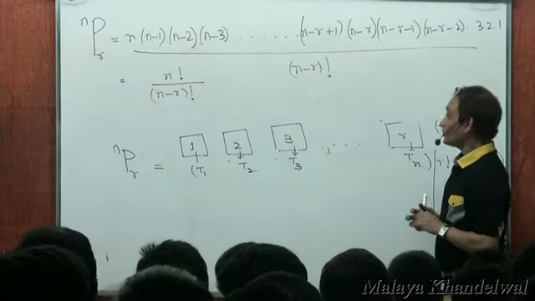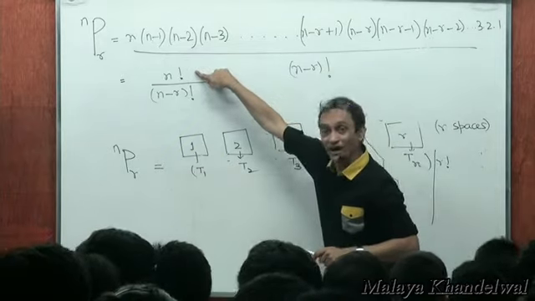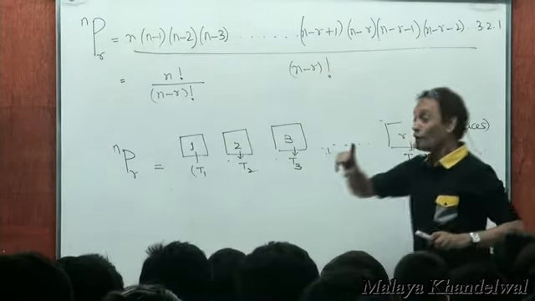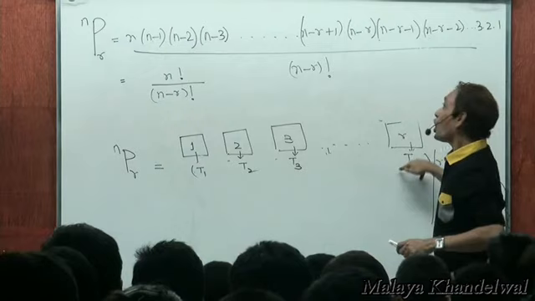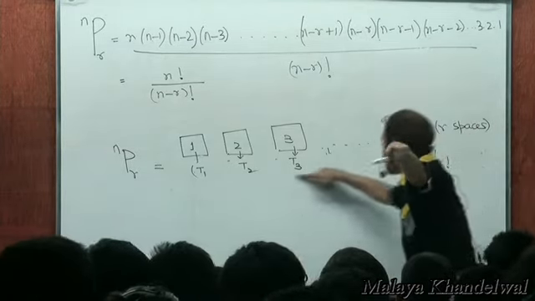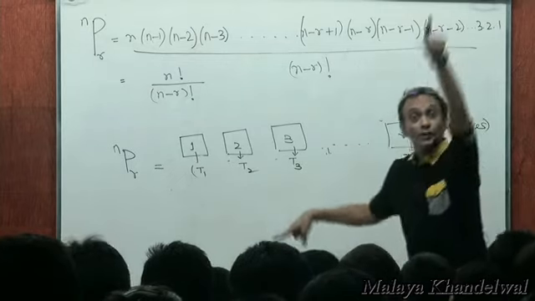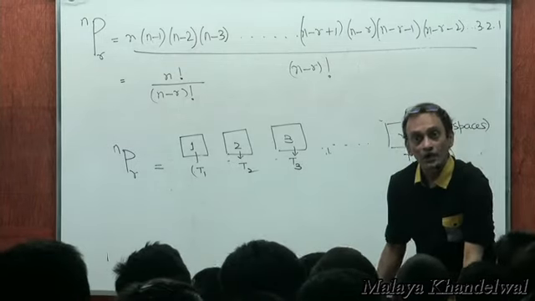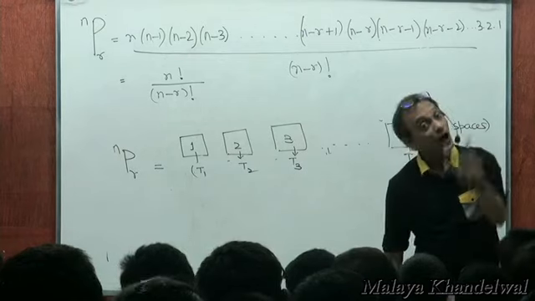Yes, sir. So in this count nPr, every selection appears in different orders in r factorial ways. Every selection. This is a selection. But how many strings is it producing? r factorial strings.